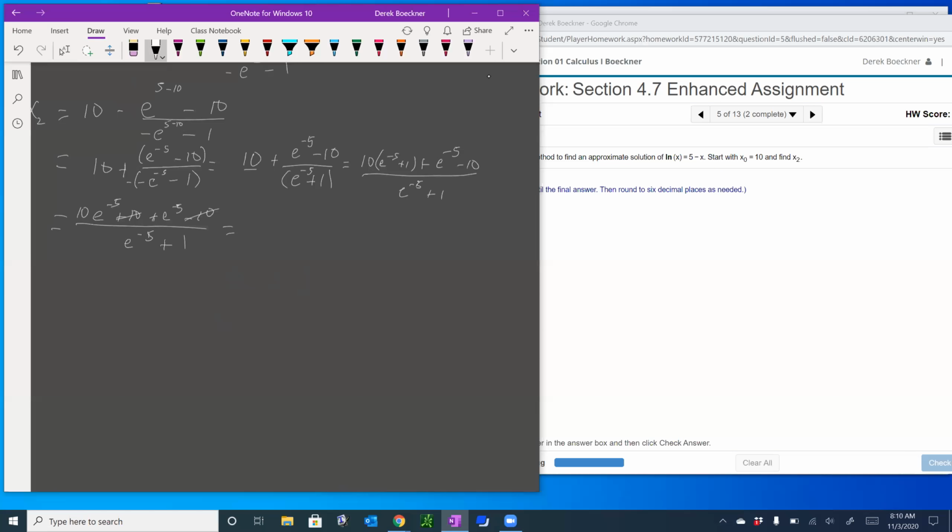And then if I distribute that 10, I can cancel the 10s. We got 11 e to the minus 5 over e to the minus 5 plus 1. Good. Okay.